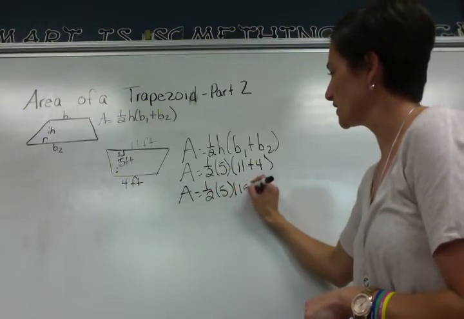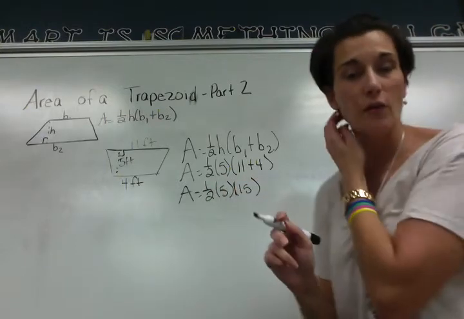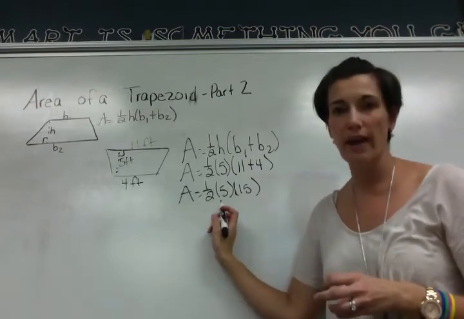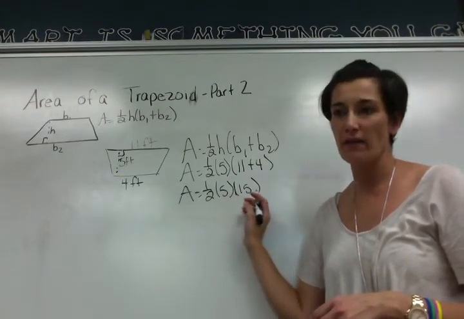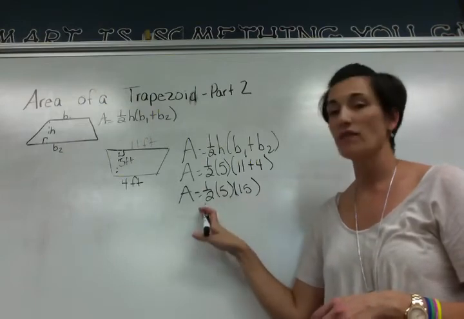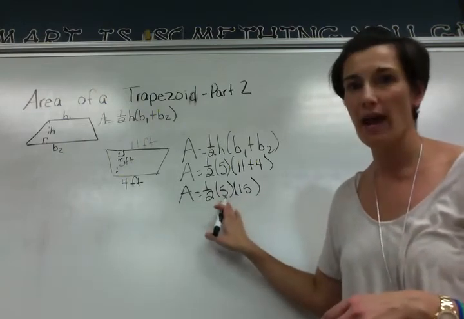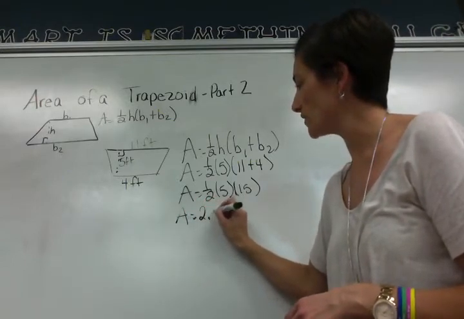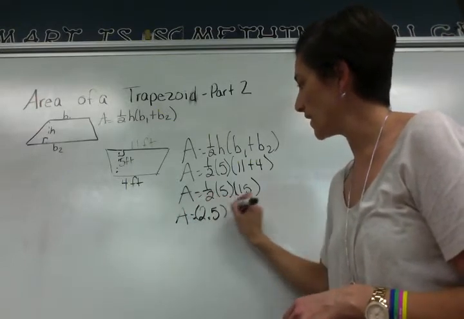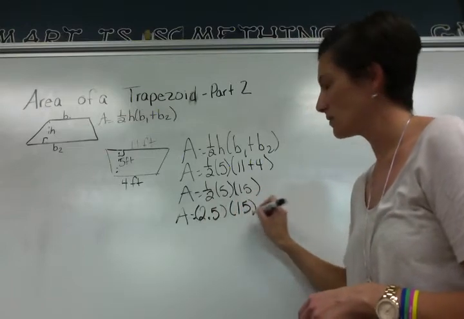So I have 15. So there's two different ways we could solve this. I could figure out what's 1/2 of 5 and write 2.5, or I can multiply my 5 and my 15 and then figure out what's half of that. So since I already know what half of 5 is, I'm just going to go ahead and write that down. So half of 5 is 2.5, and then I'm going to multiply that by 15.